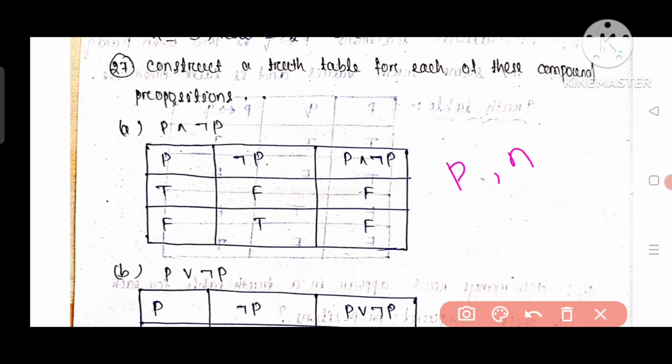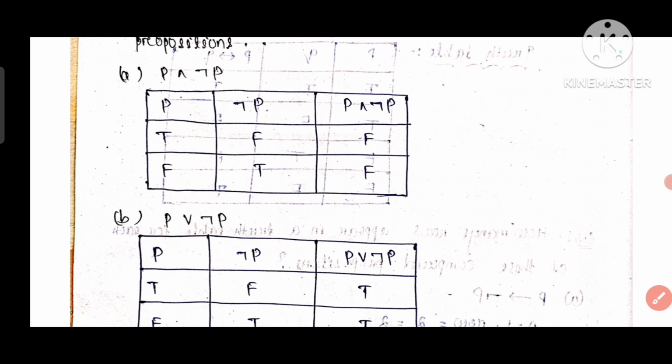So the number of rows is equal to 2. Here P is true and false. So the negation of P becomes false when P is true, and when P is false, then negation of P is true.